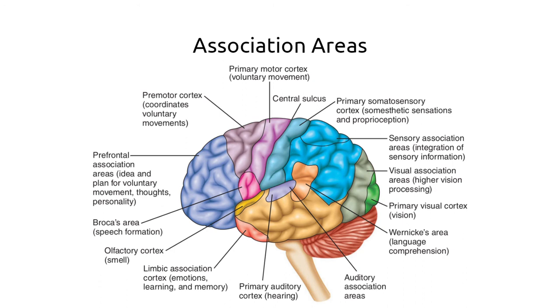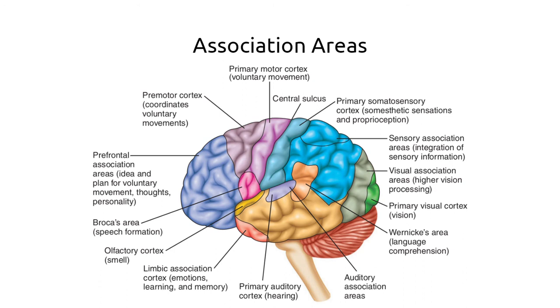What else have we got? Frontal association areas. That's going to be planning, executive control. There are classic experiments where people who have damage to this area start having a very difficult time planning for the future. Also very strong personality shifts.